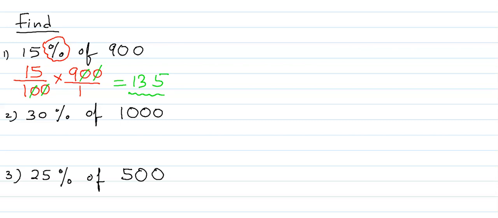If you are not happy with this way, then you can find 10% of 900. What will be 10% of 900? It is 90. Whatever number is given, you just divide by 10 when you are finding 10%, so 900 divided by 10 is 90. Is that okay?